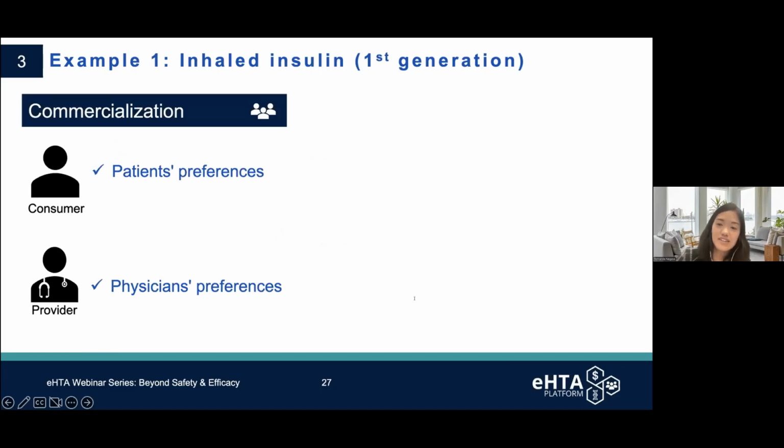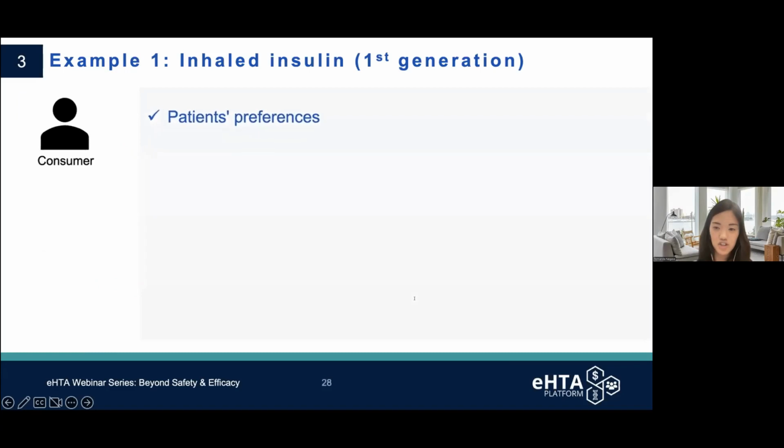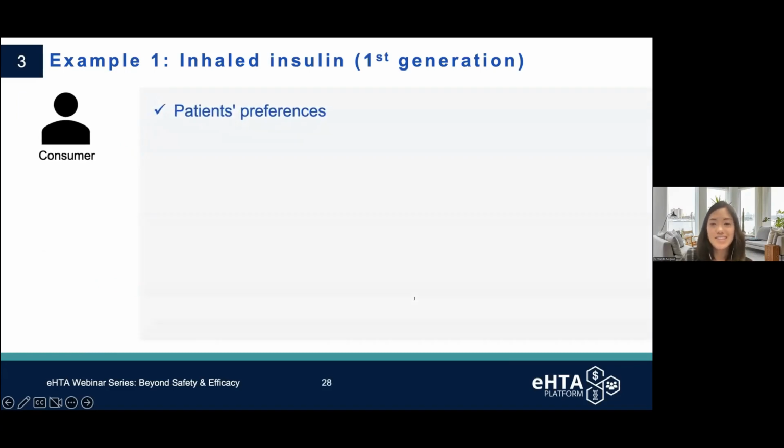To understand the reasons why, let's first take a look at patients. As I said earlier, patients are the ultimate consumers of health technologies. Suppose patients are not convinced that this new type of insulin will help them in their daily struggles with the disease. In that case, it will be very, very difficult for physicians to get them to start the medication, right?